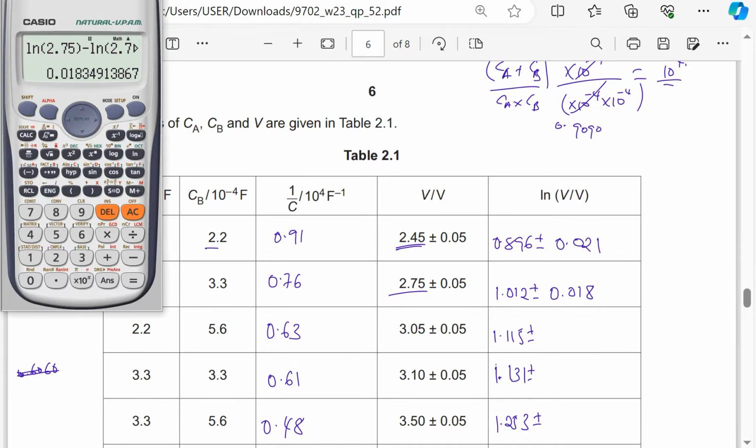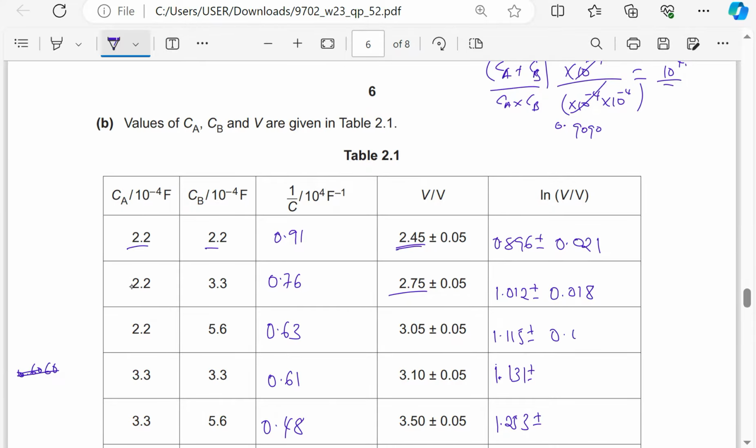The next one is ln of 3.05 minus ln of 3.05 minus 0.05. So that is 0.016. It's actually 0.017.